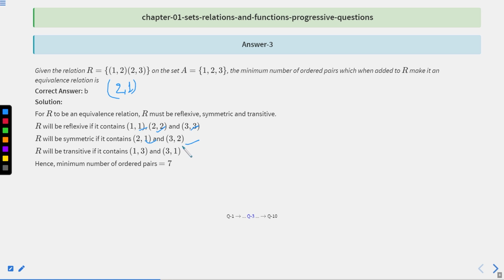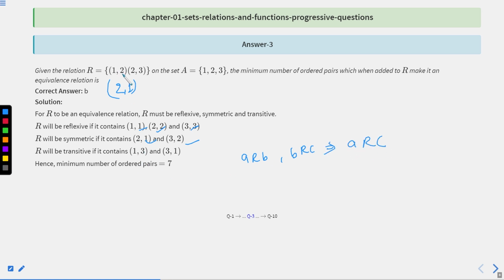Now we have to make it transitive also to make it an equivalence relation. For transitive, (1, 2) and (2, 3) are present, so (1, 3) must be present. What is the definition of a transitive relation? If a is related to b and b is related to c, this implies a must be related to c.